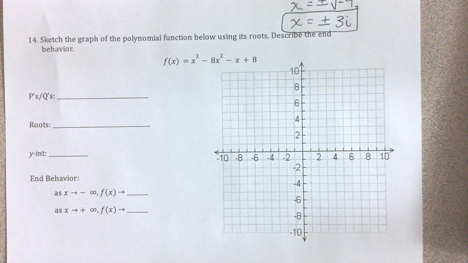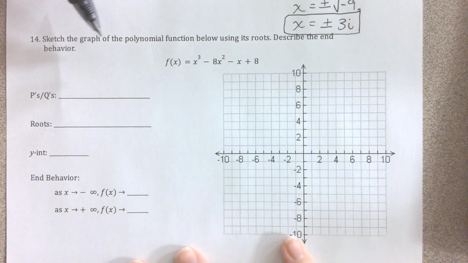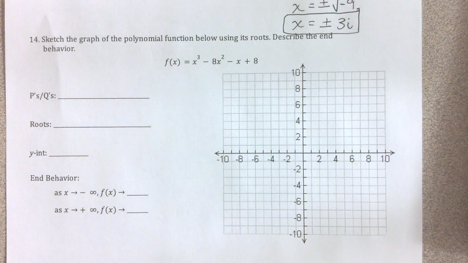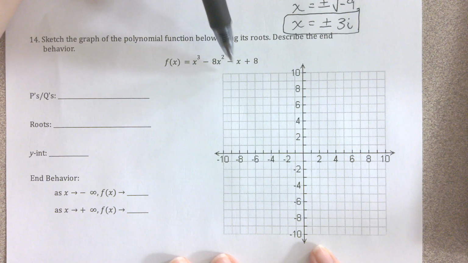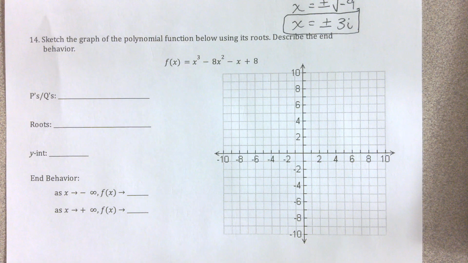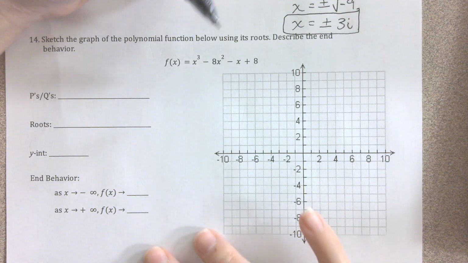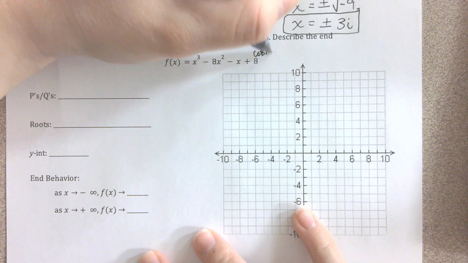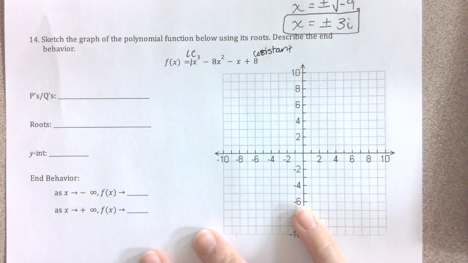Number 14. Sketch the graph of the polynomial function below using its roots. Describe the end behavior. So we have f of x equals x cubed minus 8x squared minus x plus 8. P's and Q's, we've been doing this. So our constant is 8. And our leading coefficient is 1.